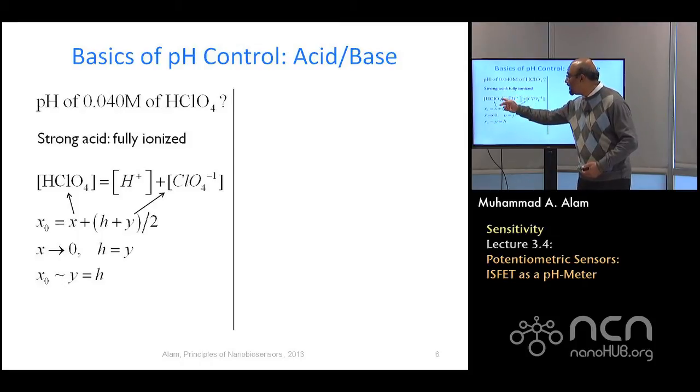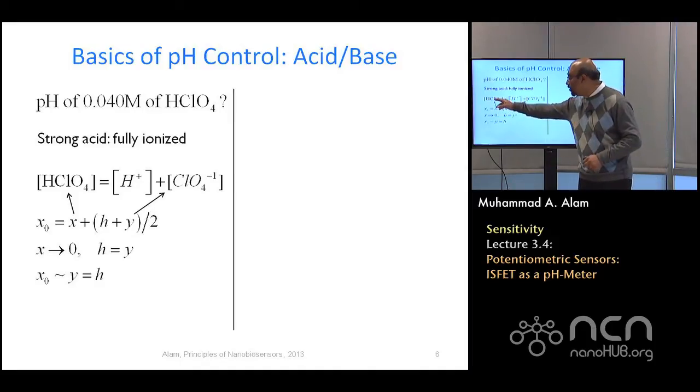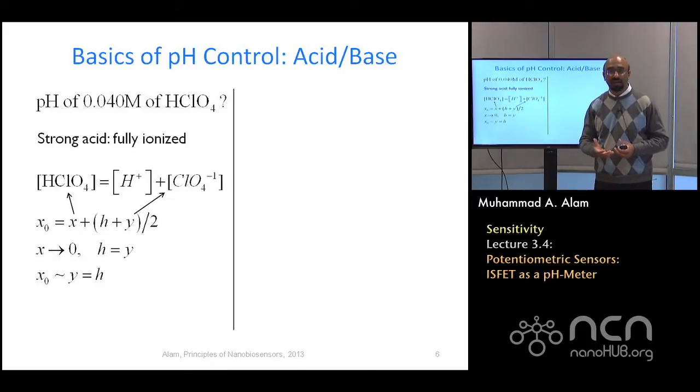And remember, since it's an acid, most of the molecules will be ionized. So X, after a while, will be very small. It's almost like sodium chloride. Remember, the sodium chloride all broke apart after we put it in water. Very similar.